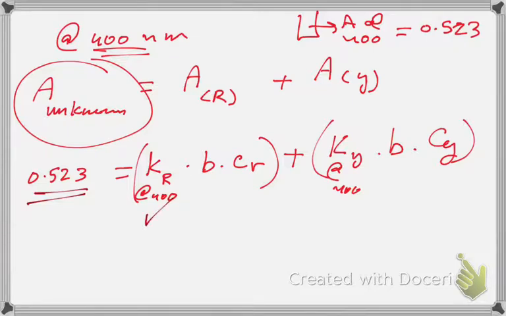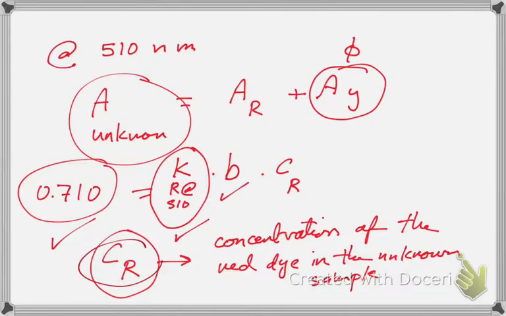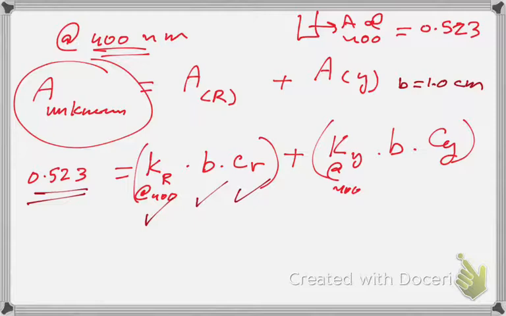B is 1 centimeter always, right? Concentration of the red in my unknown, I just solved that in the previous slide, right? I have that value. K yellow at 400, I have that from my standard curve.